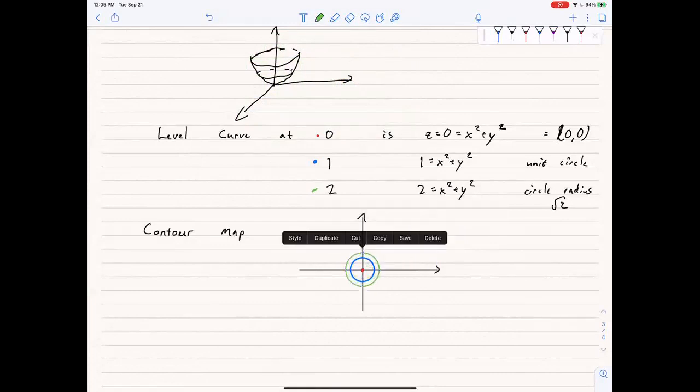The point is that because you're doing this even spacing, the spacing will actually tell you something about how rapidly things are increasing or decreasing. So you can see from this picture there's a bit more distance between 0 and 1 than there is between 1 and 2. And that's saying that you're going a lot faster from 1 to 2.